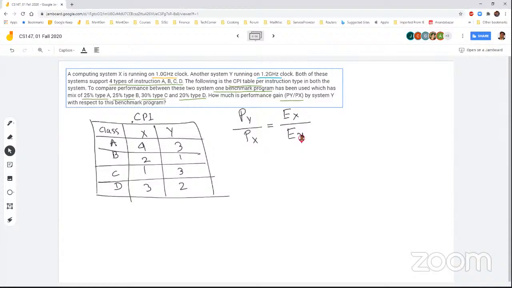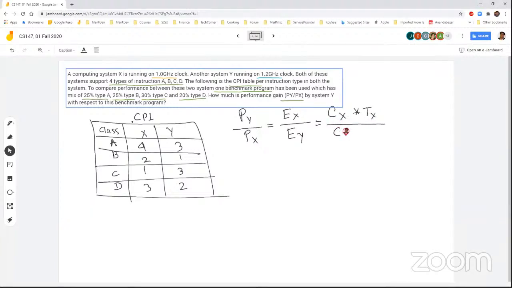So all we need to calculate are these execution times, and we all know this is the total number of cycles, like CX, multiplied by the time period.